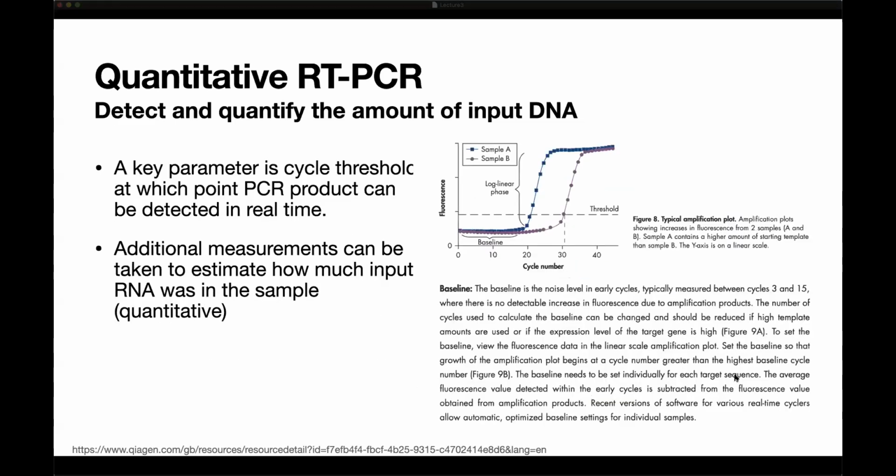And one of the important things that you will see if you read any literature about RT-PCR detection, there'll be this number called CT, or cycle threshold, which is basically how many PCR cycles have to occur before you're able to detect signal, right? So remember, and you'll see these very characteristic curves.